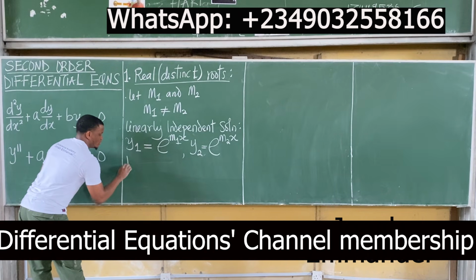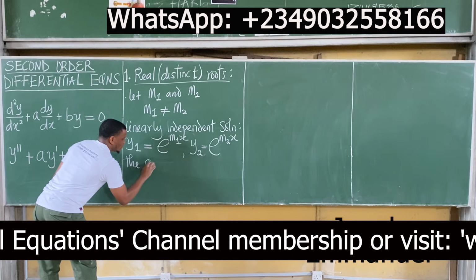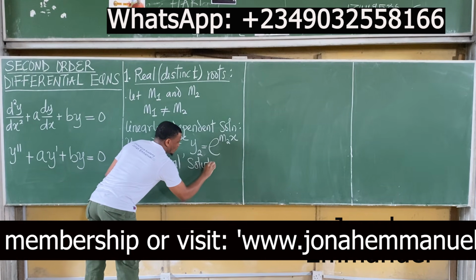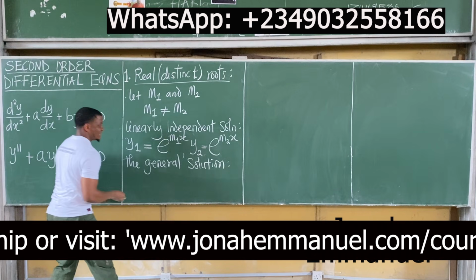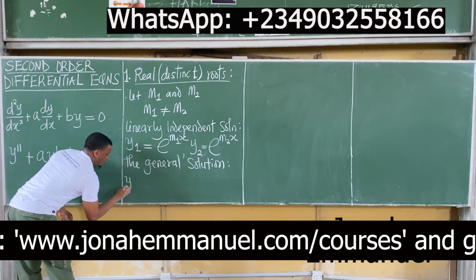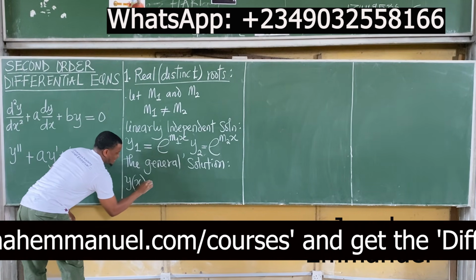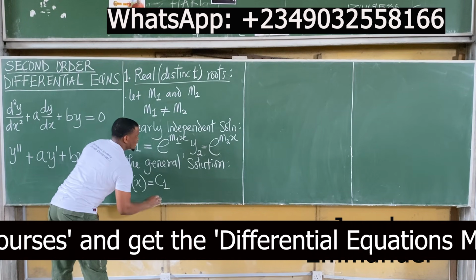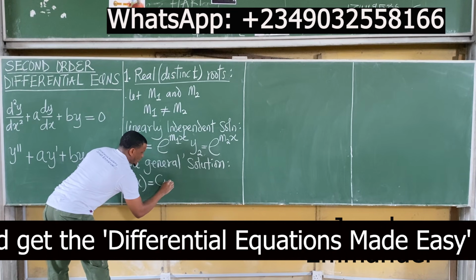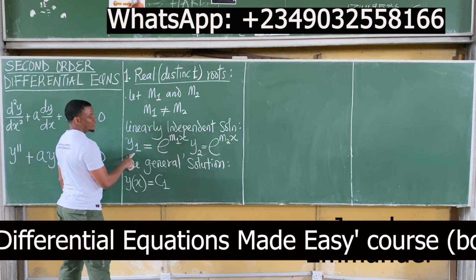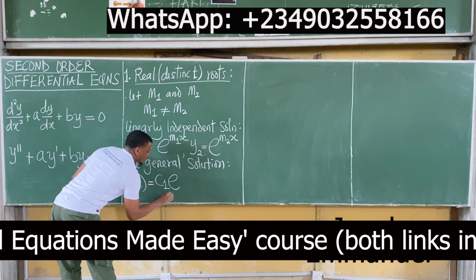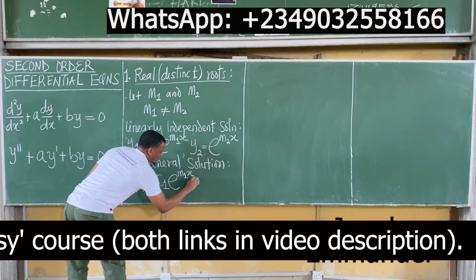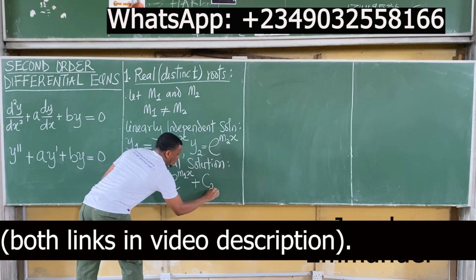The general solution is given by y of x equal to c1 y1, which is c1 exponential m1x, plus c2 y2.